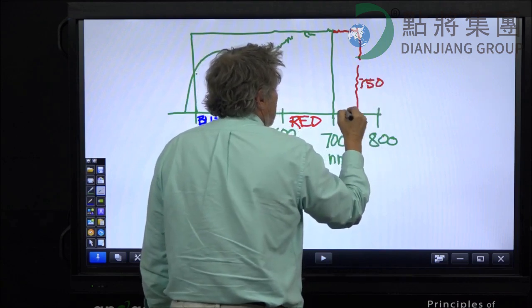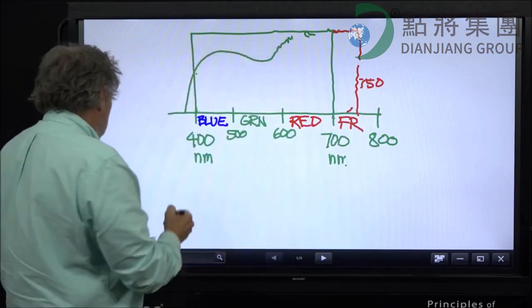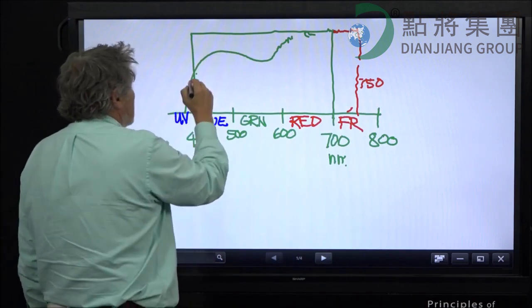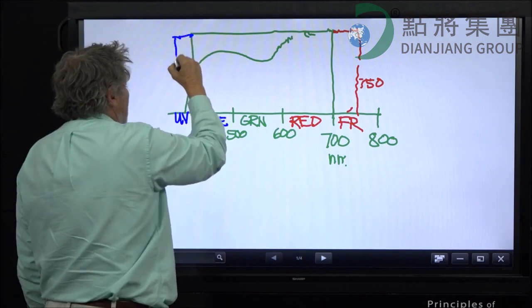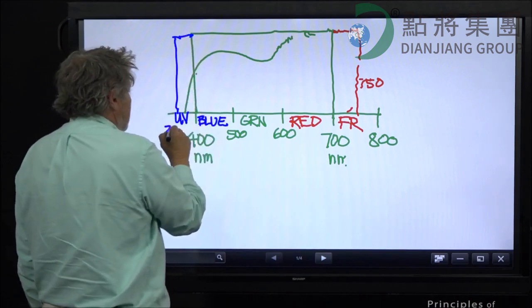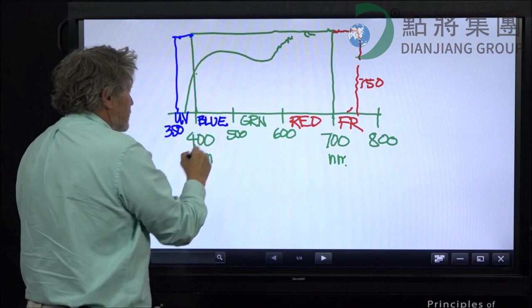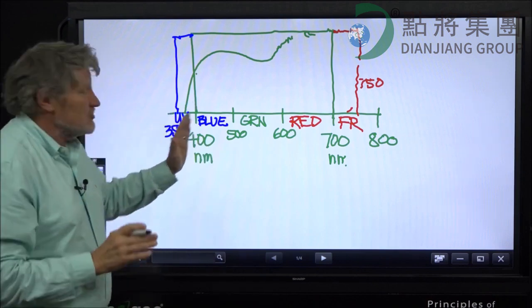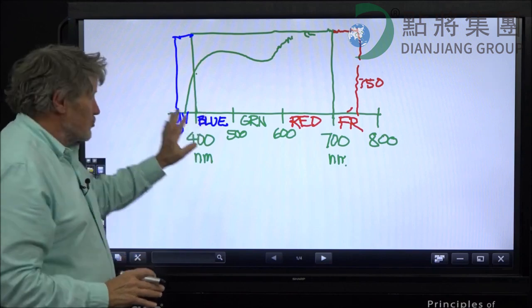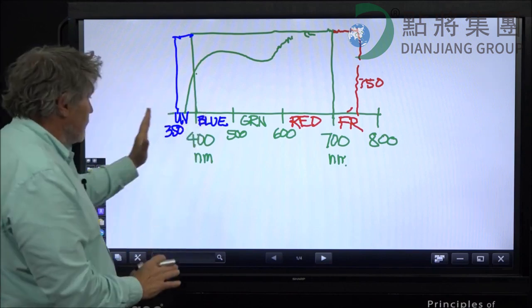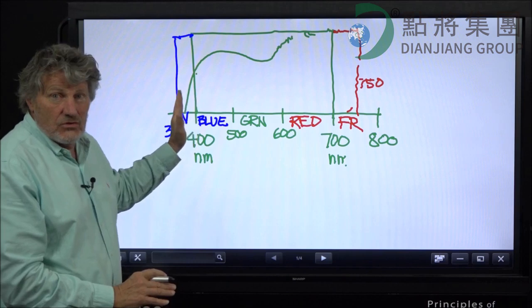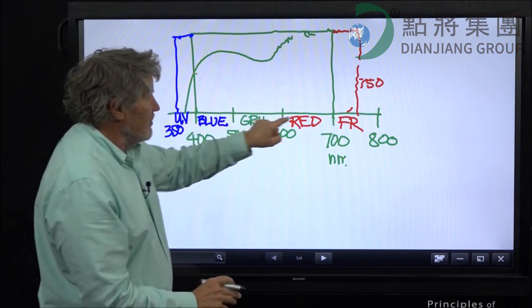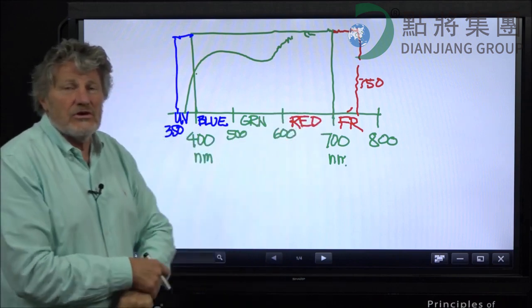We also need to add in the UV down here, from 350 up to 400. This goes shorter than this, but this is the beneficial UV. Shorter than this is usually bad, but there's a lot of good effects of UV from 350 to 400. All right, 1, 2, 3, 4, 5 categories of light.